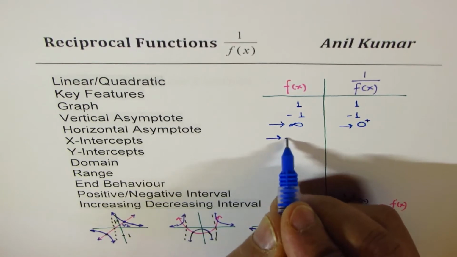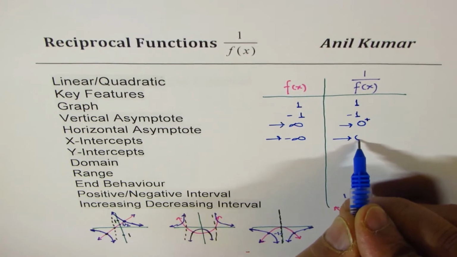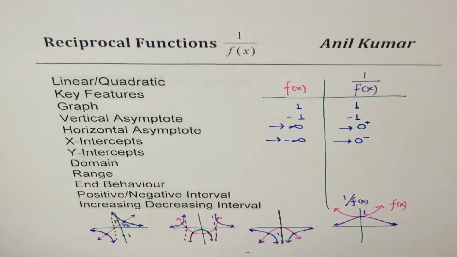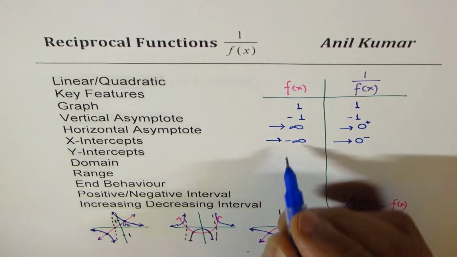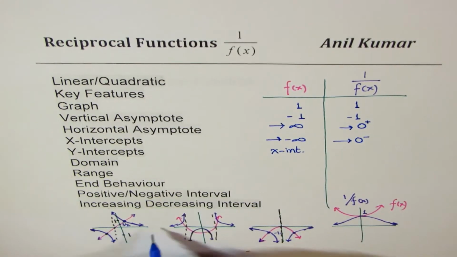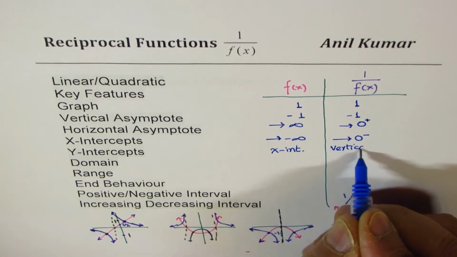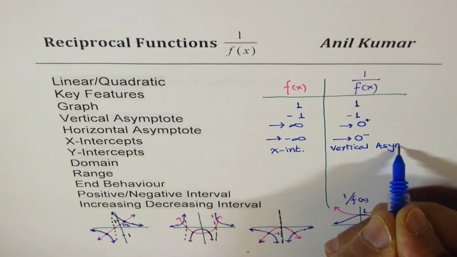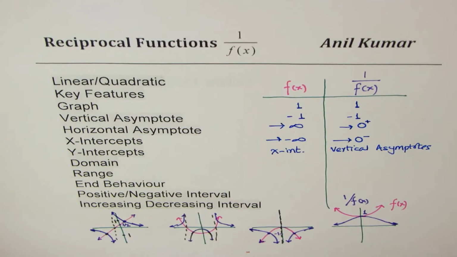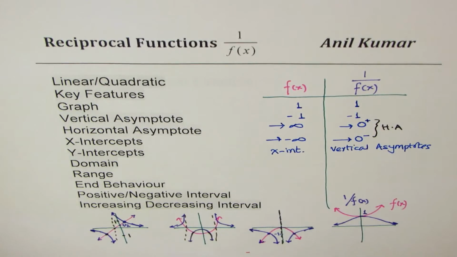If the function is approaching negative infinity, for example, this place, in that case, it is going to approach 0, but from the negative side, quadrant 3 or in quadrant 4, as you can see here. Perfect. Now, wherever we have x-intercepts, for example, these points, those will be seen as vertical asymptotes. Perfect. These two cases are actually horizontal asymptotes, right?